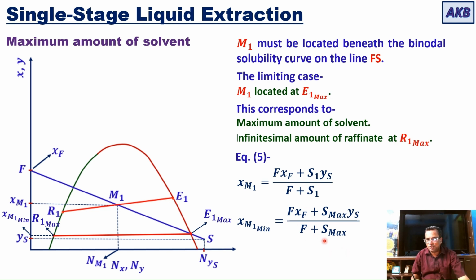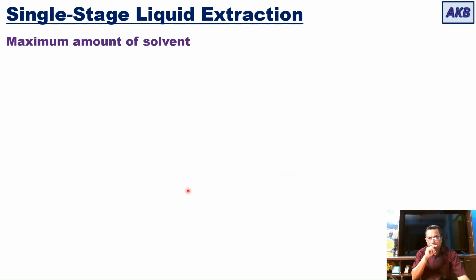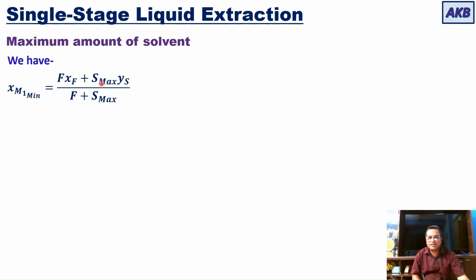And you can solve it to get an equation for S max. So let us do that. So we have got the equation for xm1 minimum, which is F xf plus S max into ys divided by F plus S max. So I'll simplify it. xm1 minimum into F plus S max is equal to F xf plus S max into ys.